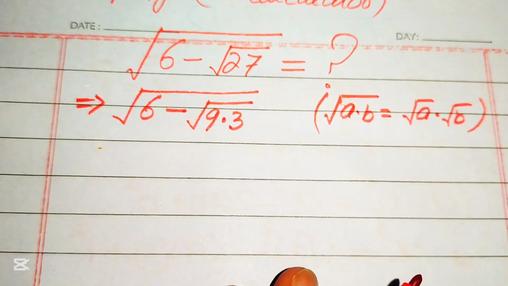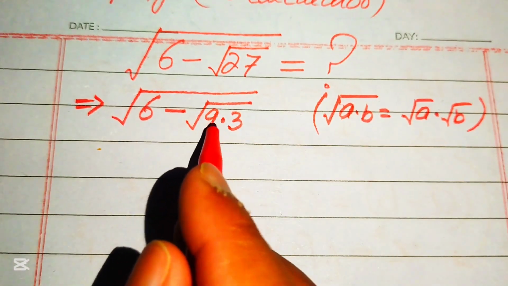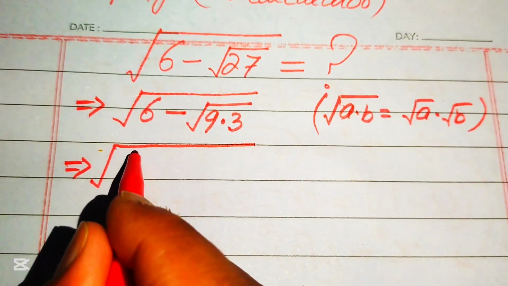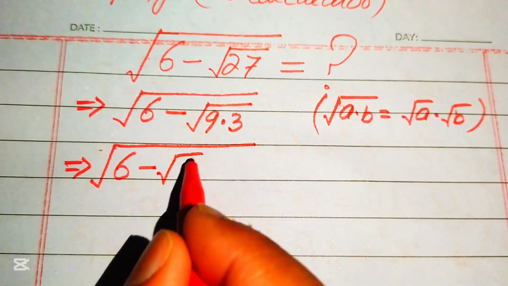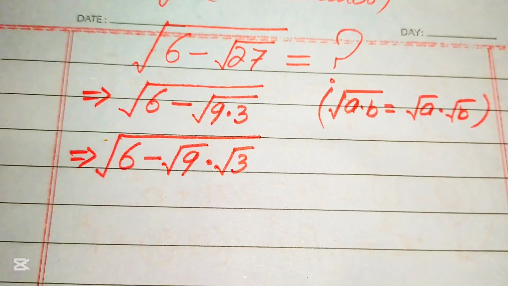So according to this rule we can apply this square root sign separately on both of these terms, and it will be written as the square root of 6 minus the square root of 9 multiplied by the square root of 3.